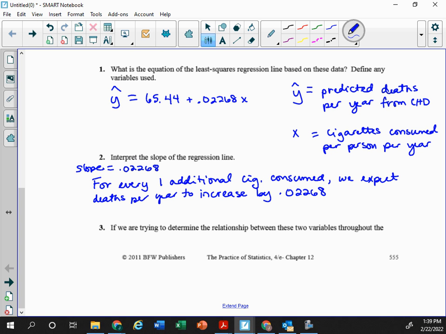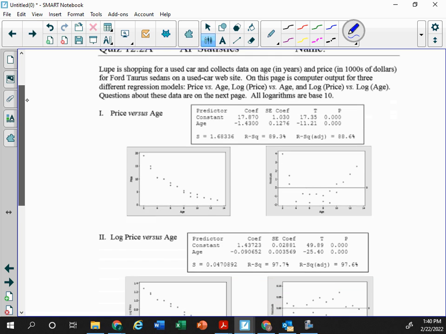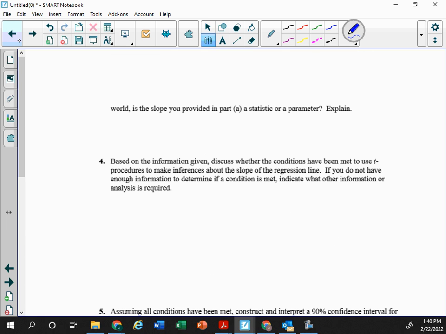All right, so then part 3, we're trying to determine the relationship between these two variables. Is the slope you provided in part A a statistic or a parameter, and explain? What do you guys think? I haven't asked you the difference between statistic and parameter for a while. Do you think the slope, what do we think?